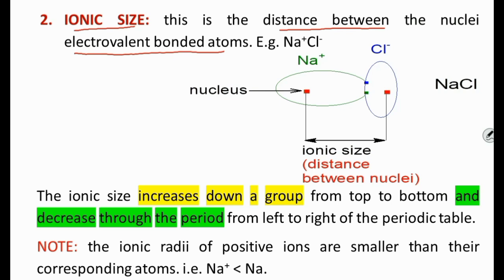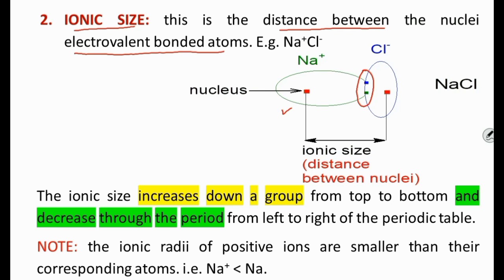Of course, you know that for an electrovalent bond to be formed, there has to be electron transfer by one of the reacting species. For example, this is a sodium atom, and this sodium atom is bonded to a chlorine atom.